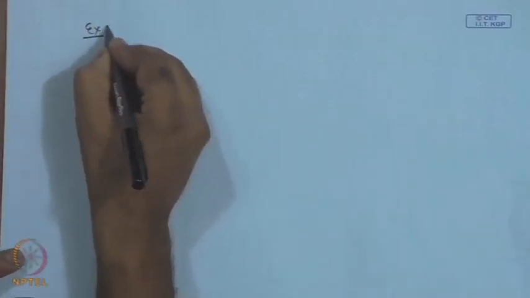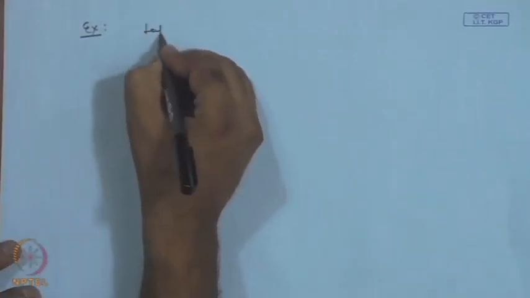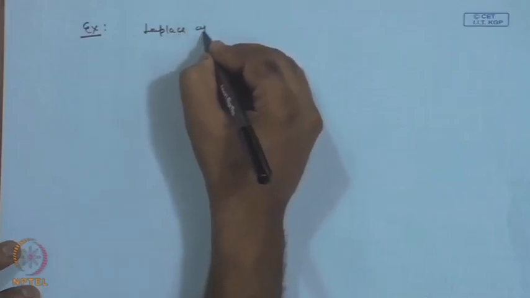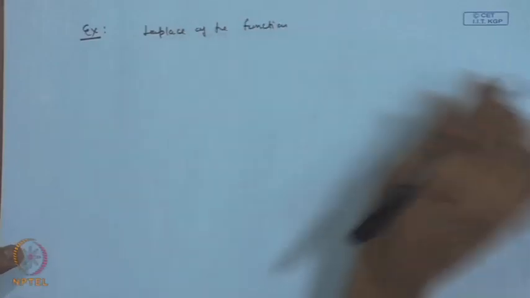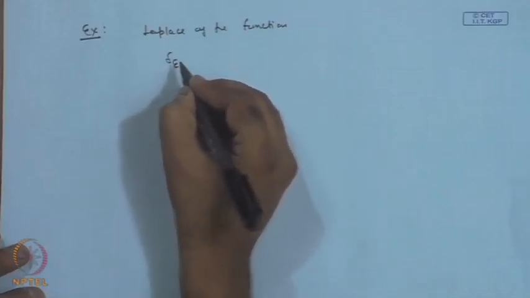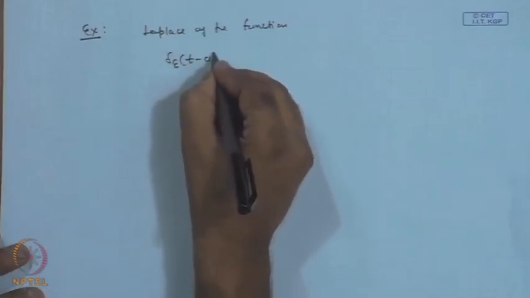So, now we come to the next function, that is the delta epsilon function, we call it. So, Laplace of the function delta epsilon (t minus a).